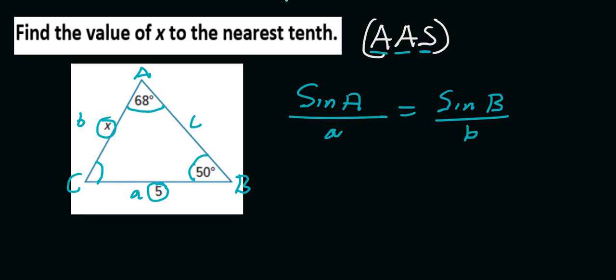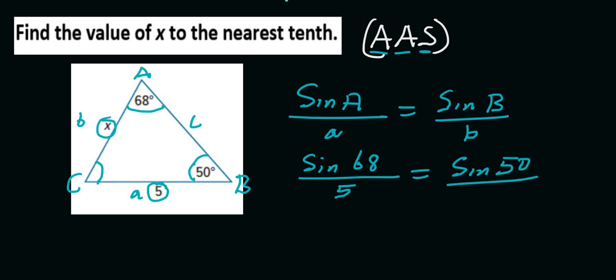So sine A is 68, so sine 68 over lowercase a, which is 5, equals sine B. The value of B is 50. So sine 50 over the lowercase b, which is the unknown, x.